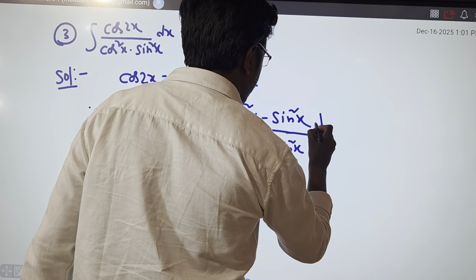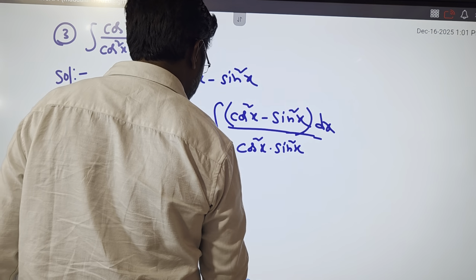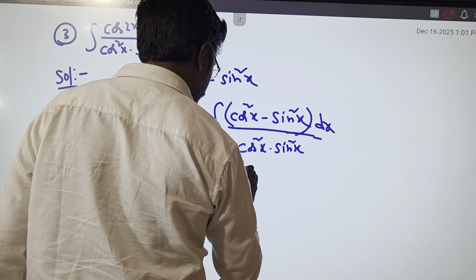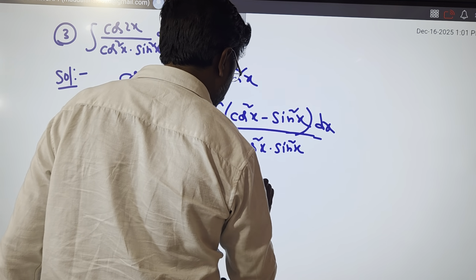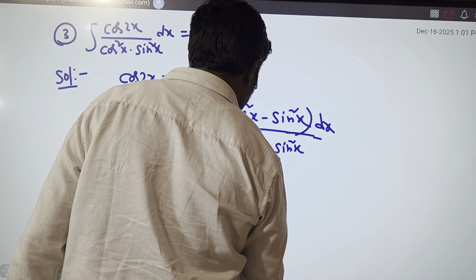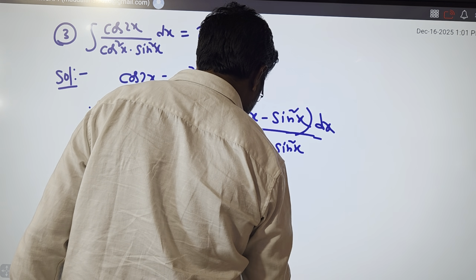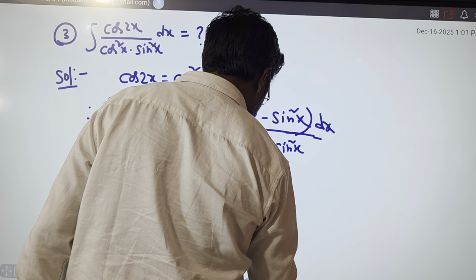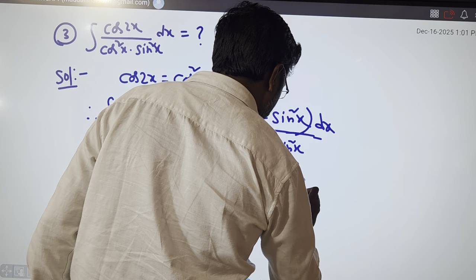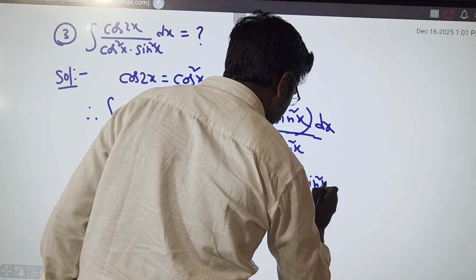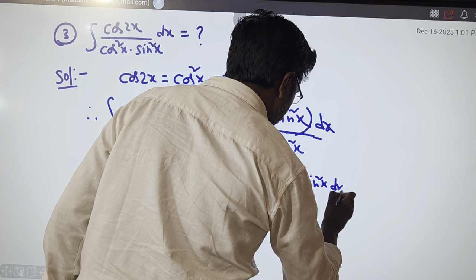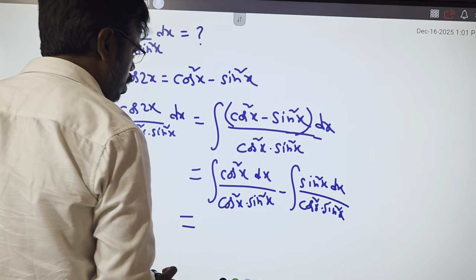Okay. This is equal to integral cos square x dx by cos square x into sin square x minus integral sin square x dx by cos square x into sin square x, splitting into two functions.